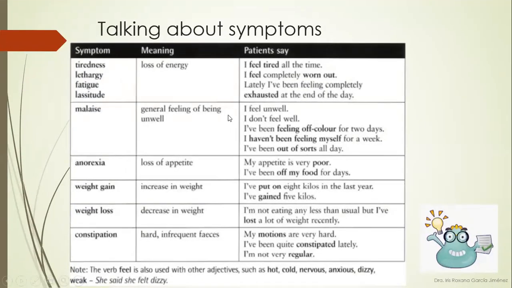Another one, I've been feeling off color for 2 days. To feel off color is a general feeling of being unwell. In the previous class on Monday, we were talking about the term unwell specifically with some students because they were asking about it. This meaning, in the medical term, is malaise.